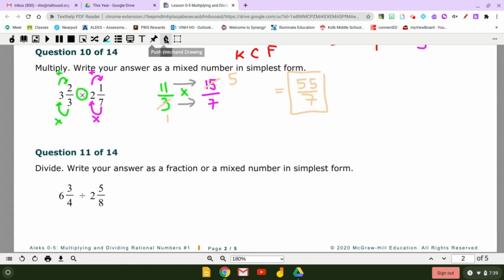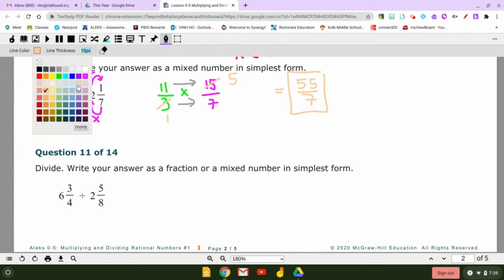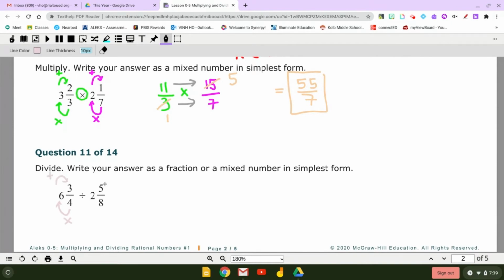We're going to write the mixed numbers as improper fractions. Multiply the bottom and add the top. It's really important that you rewrite them before you actually jump in and solve for division. Rewrite them first. 4 times 6 is 24, plus 3 is 27 over 4.